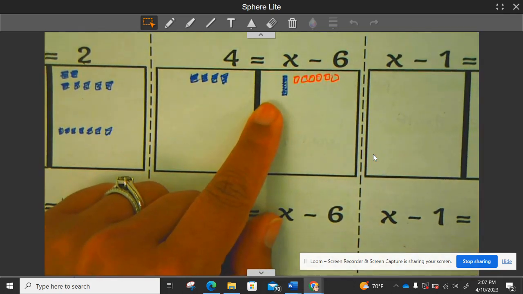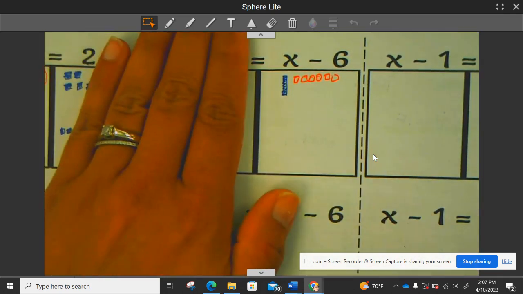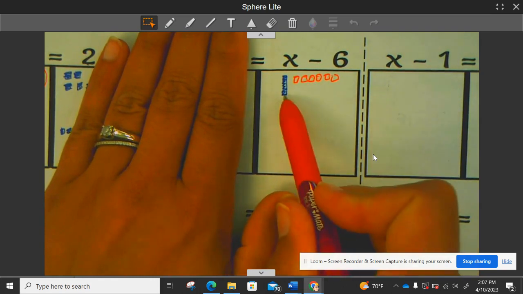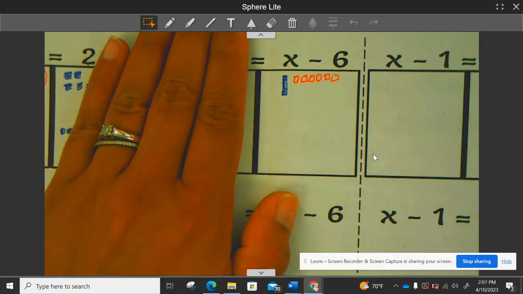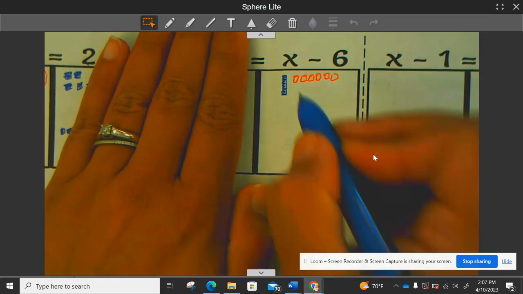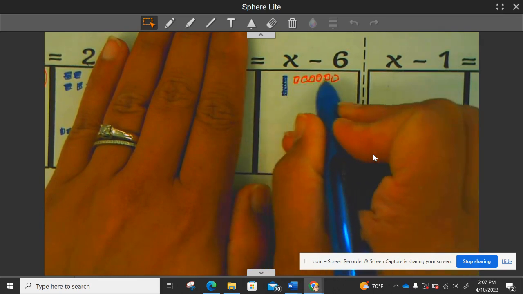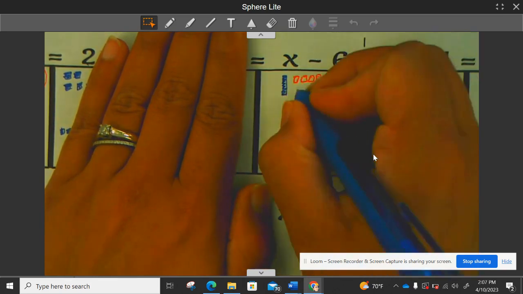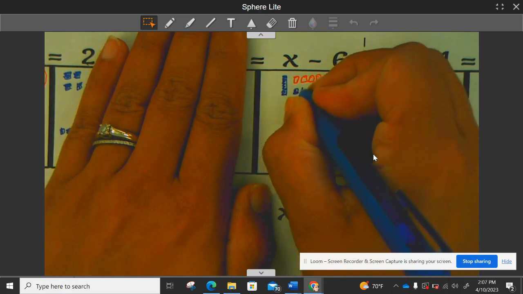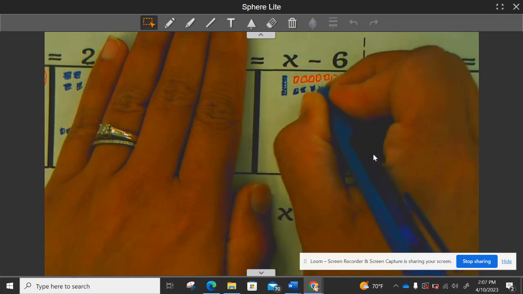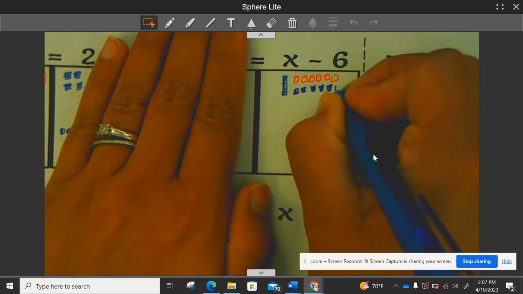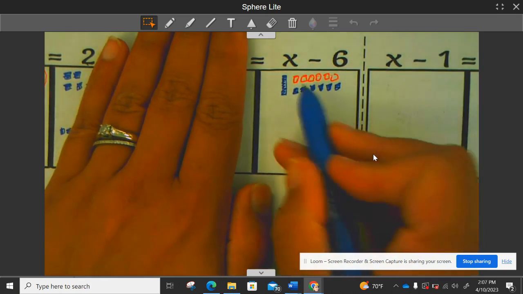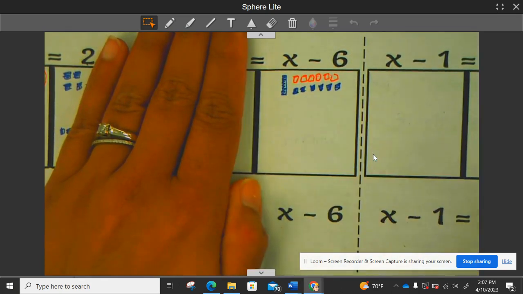Okay, this time x is on the right side. So to get x by itself, to isolate x, I'm going to do the inverse of subtracting 6, and I'm going to add 6 positives.